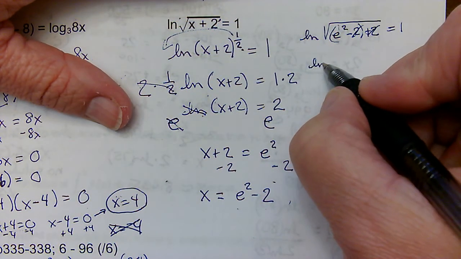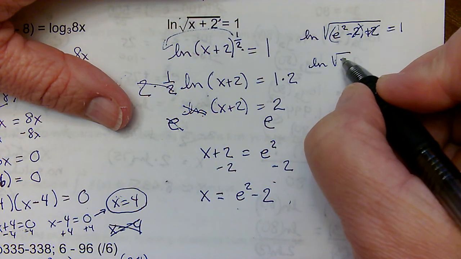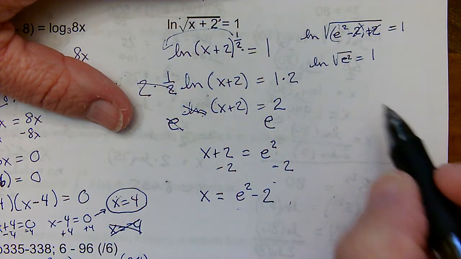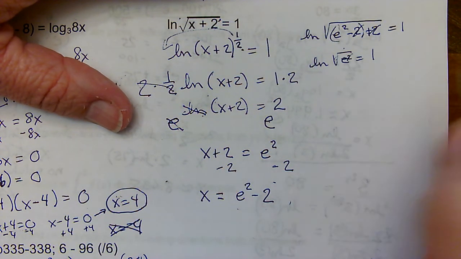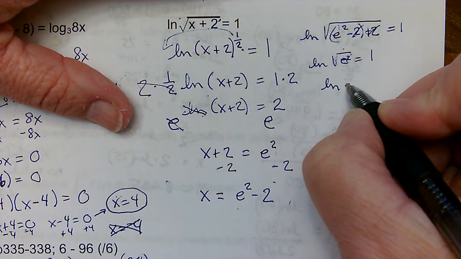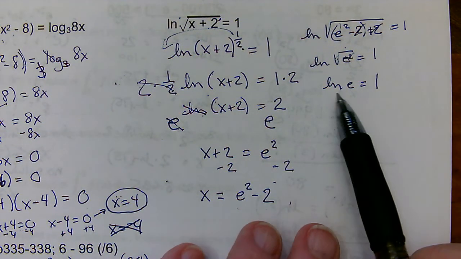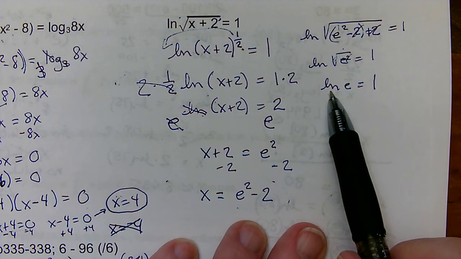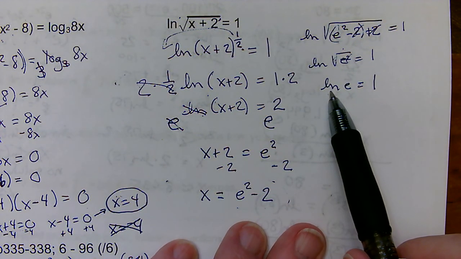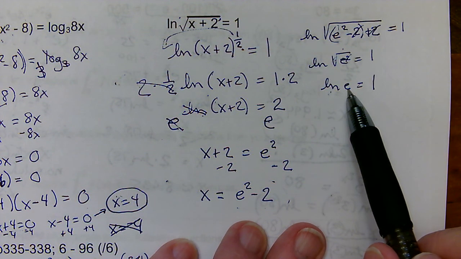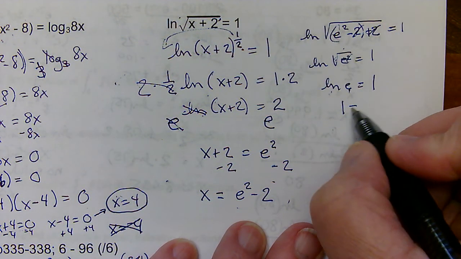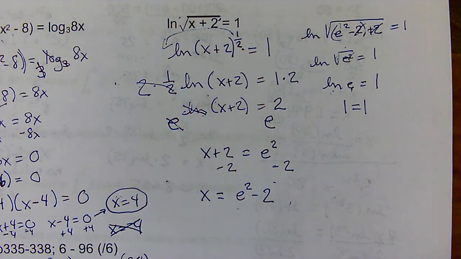And then we get the natural log of the square root of e squared equals 1. Well, the square root and the squared cancel out, so that's the same as the natural log of e equals 1. And when we see a natural log, we think the power I put on e to get e is 1. So that one is also true.